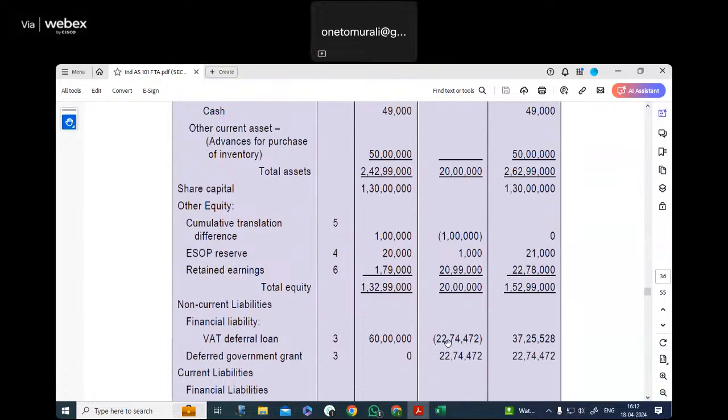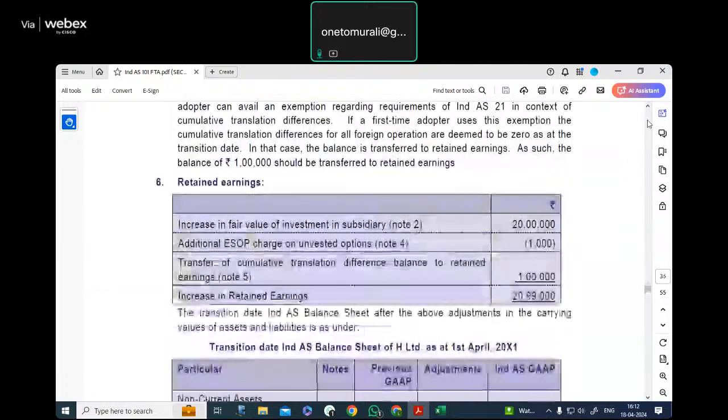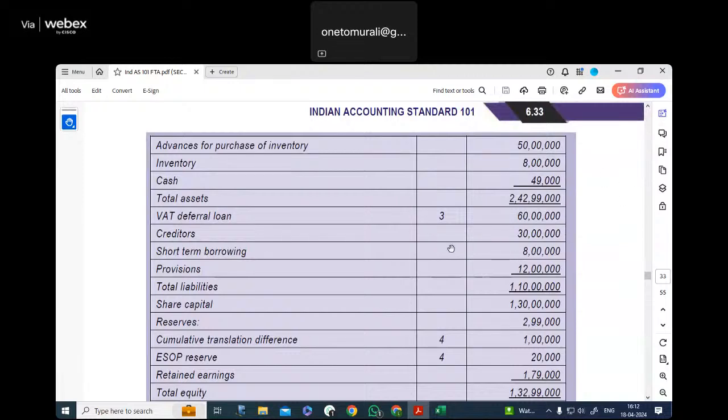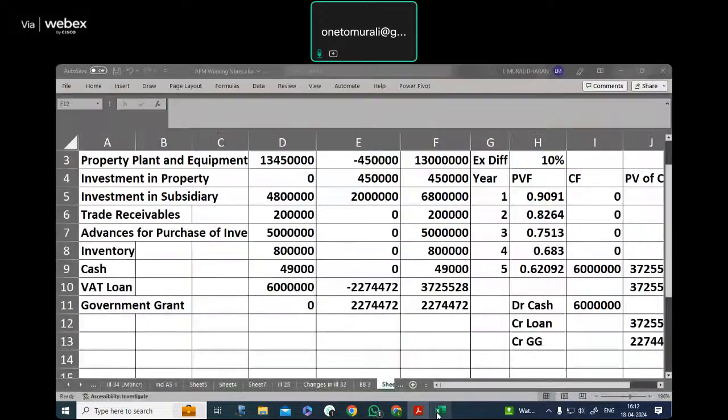I'm going by the same order in which it is stated. So creditors, short-term borrowings, provisions, share capital, all these are taken up the same way as it was done in the old one. Government grant, now let us take up.